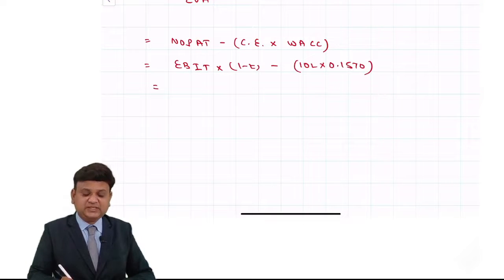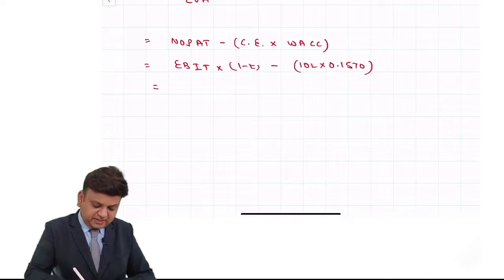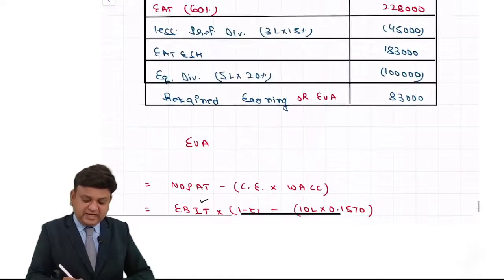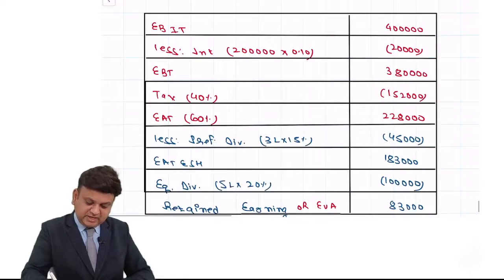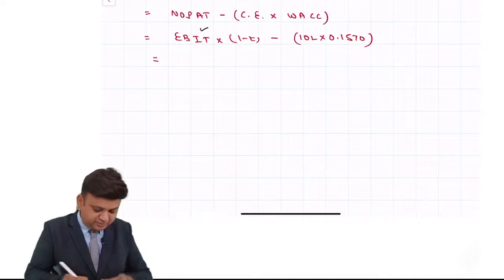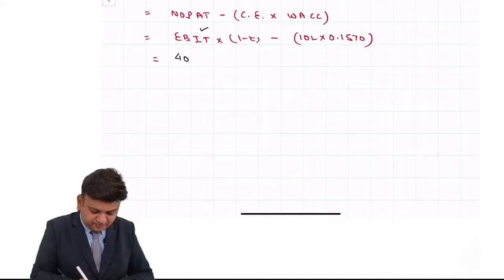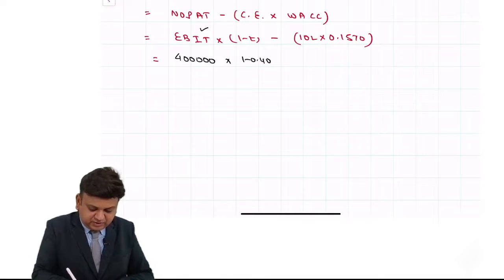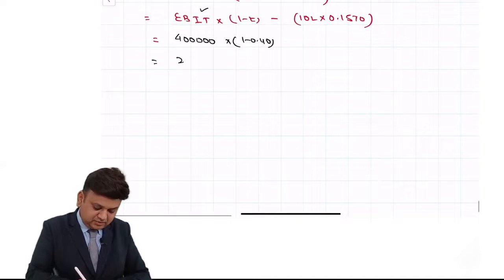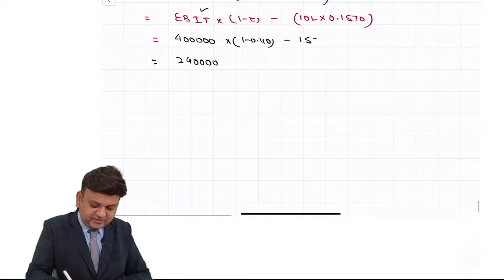Dear students, this is the operating income, the amount of the earning of the company before making payment of any financial charges. That is an amount of rupees 4 lakhs. That is converted post tax. 4 lakhs into 1 minus 0.4. That comes to 2,40,000 minus 1,57,000.